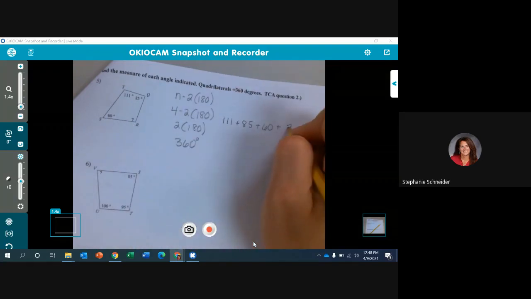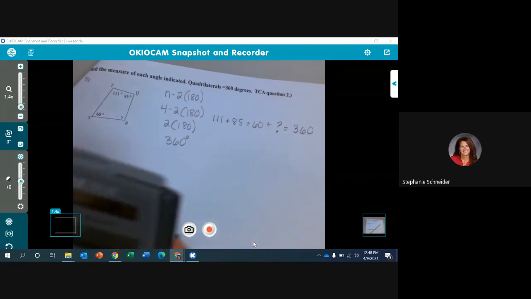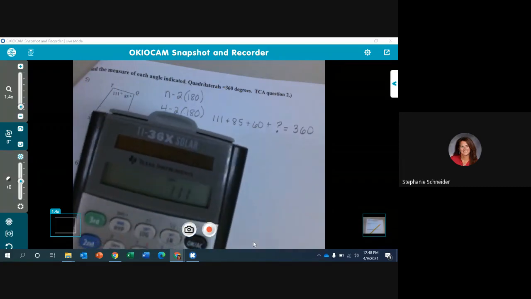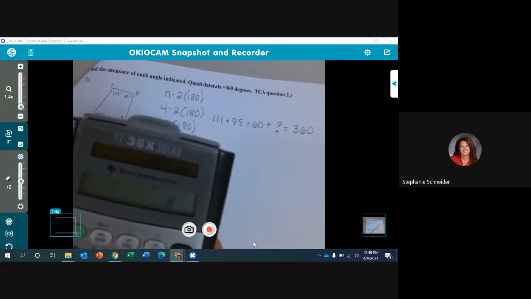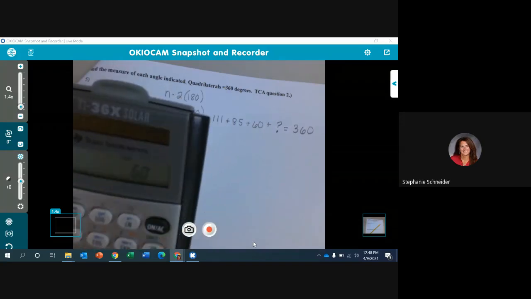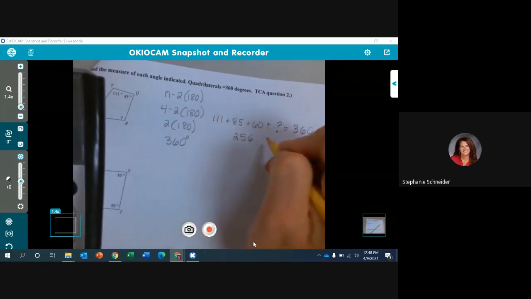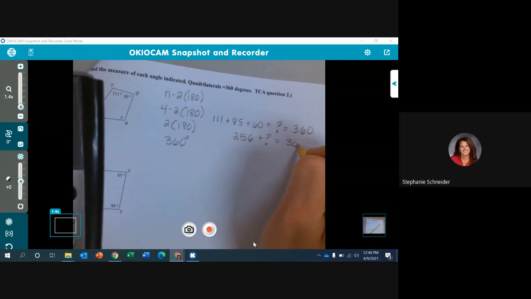We can just keep it as a question mark, equals 360. So now I'm going to take my calculator. I'm going to do 111 plus 85 plus 60, and I get 256 plus my question mark equals 360.